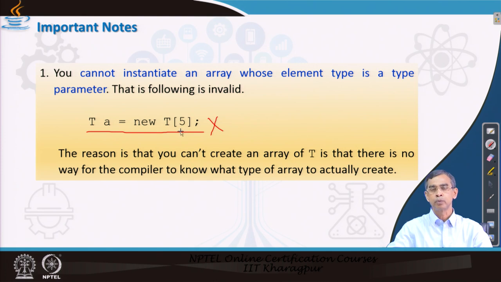This is supposed to say that A is the name of an object of type T, and we want to allocate memory for this object using new. We want to store 5 different objects into this object array. So, A is basically an array of objects whose size is 5.